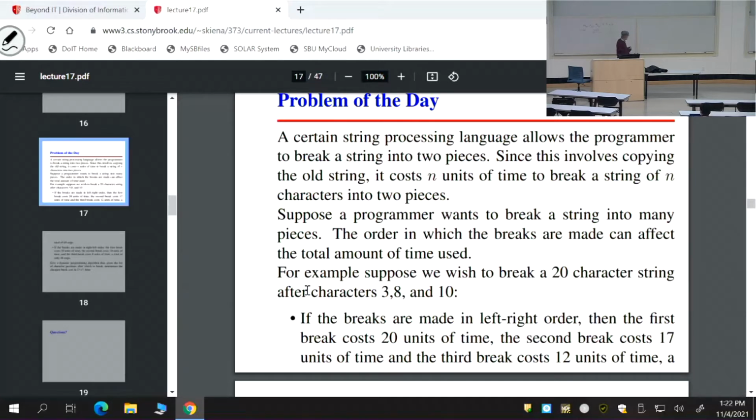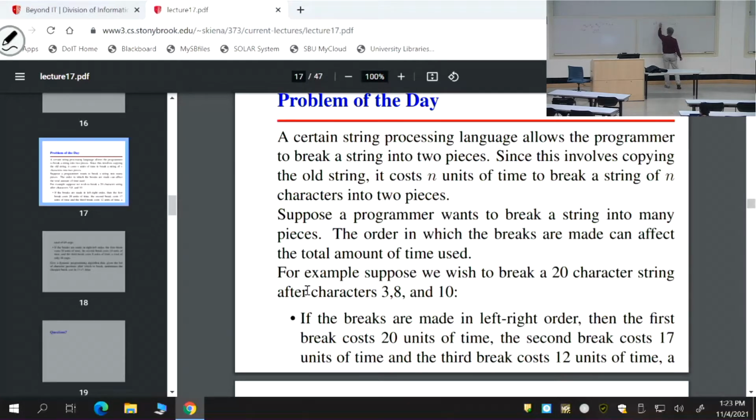Okay, let's draw an example. Suppose I have a string which is 20 characters long, and that you could break after 3 characters. So there is going to be a break here at 3.